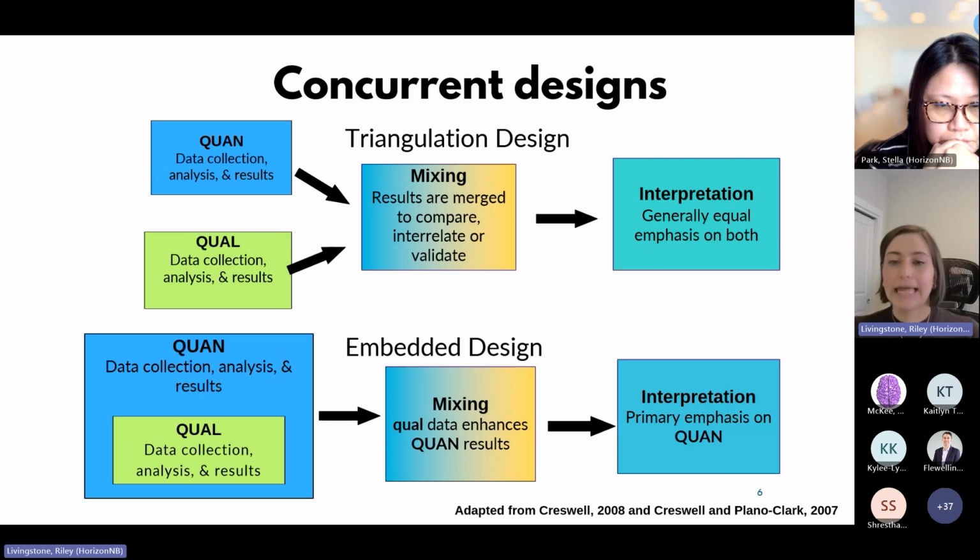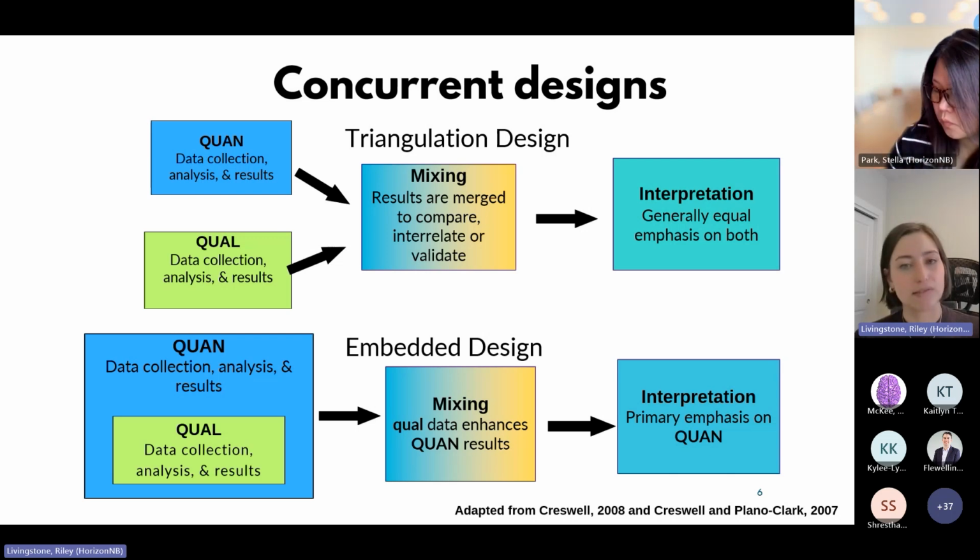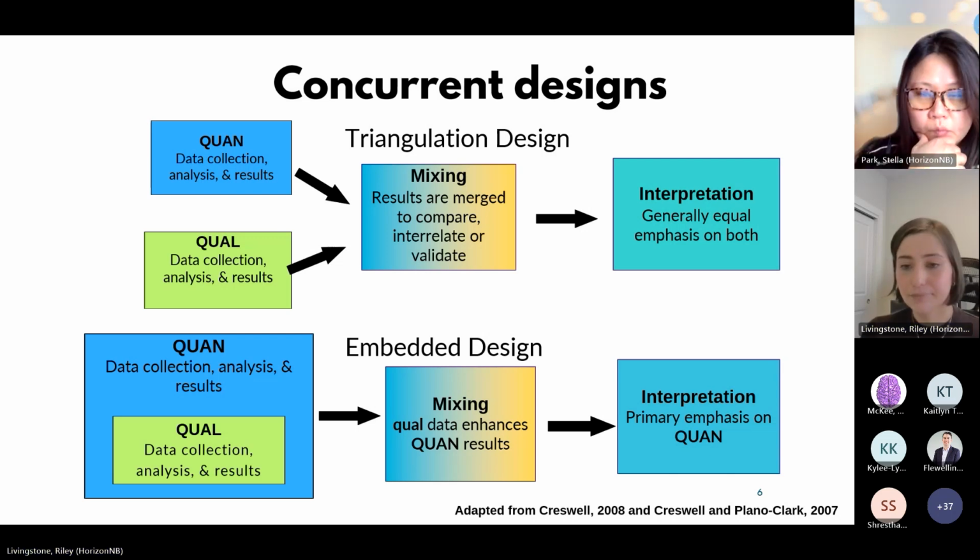It involves collecting and analyzing the quantitative and the qualitative data separately, but concurrently, with the aim of comparing or combining the results for a more comprehensive understanding of the research question. In triangulation designs, the types of data are given equal importance, meaning neither takes precedence over the other.